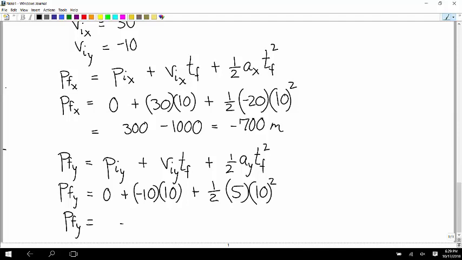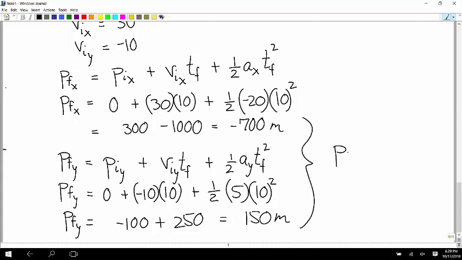So PFY is -100 plus 250, so +150 meters. If you put those two together, you get that the final position vector is -700 x +150 y.